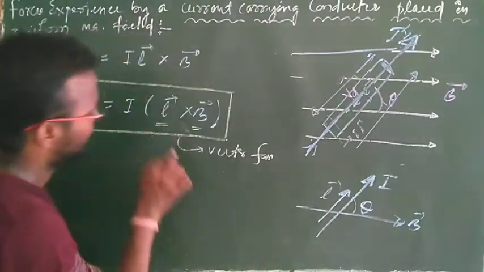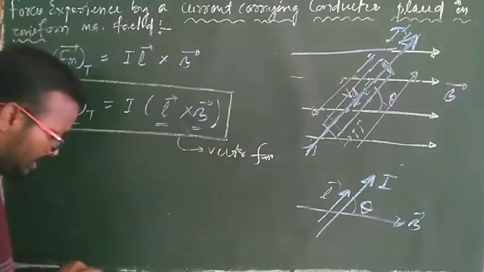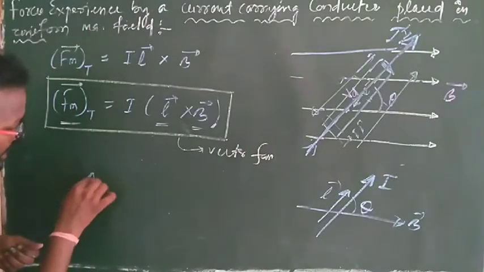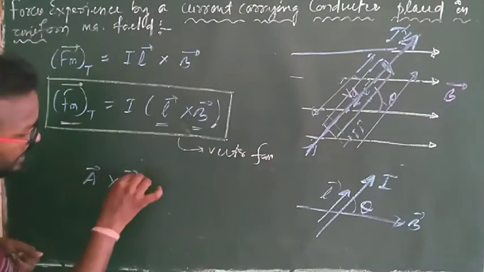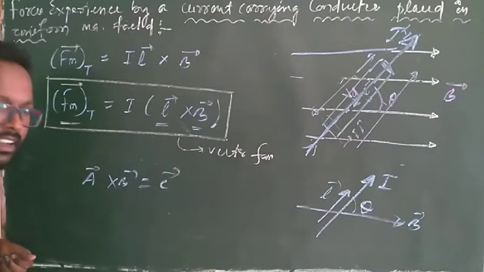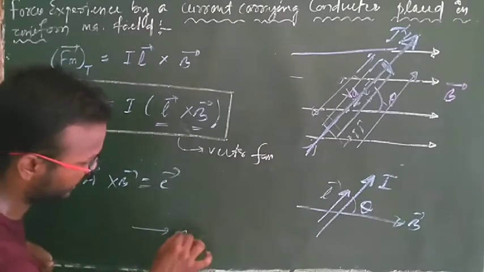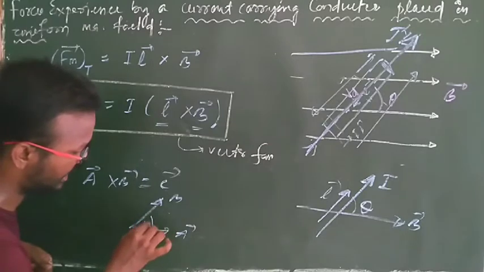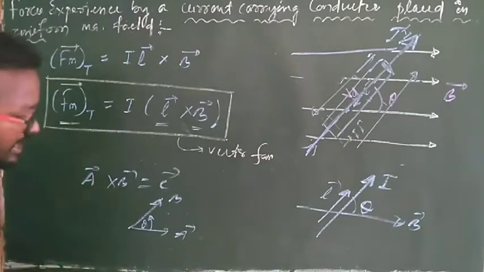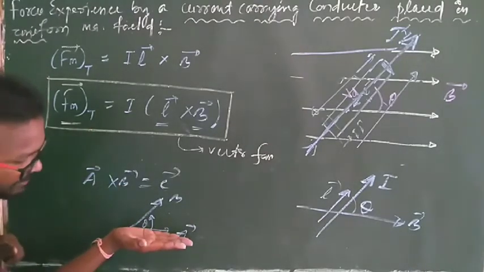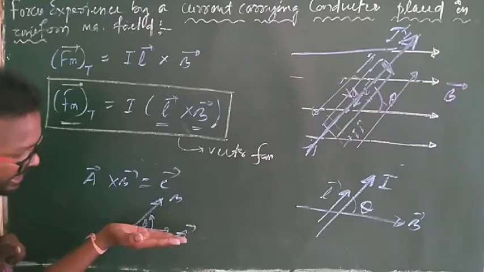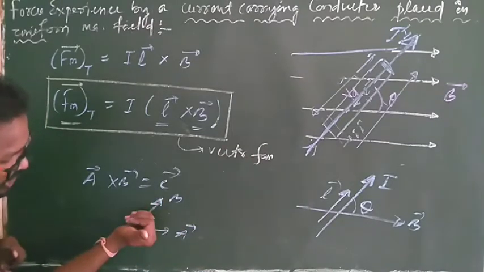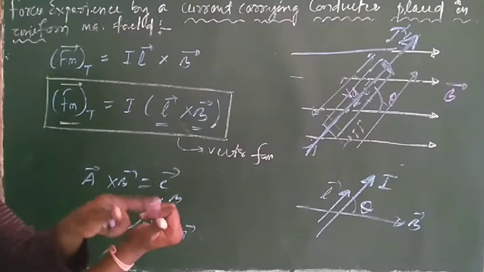Look at the diagram. That is L cross B. Suppose we have vector A cross vector B equal to C. How can you find its direction? If this is vector A and here another vector B, and the angle between them is theta, for A cross B, first place your palm on vector A, then curl towards B, then the thumb indicates the direction of the third vector.